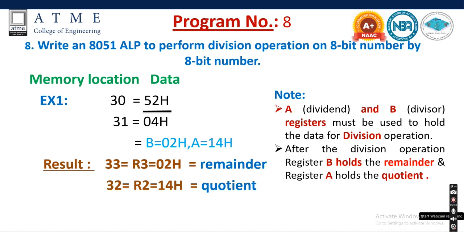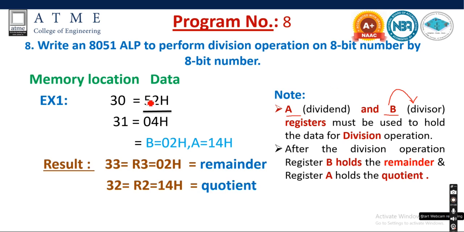Whenever you have to use the division instruction, you have to use the registers A and B. It is mandatory. A holds the dividend and B holds the divisor.